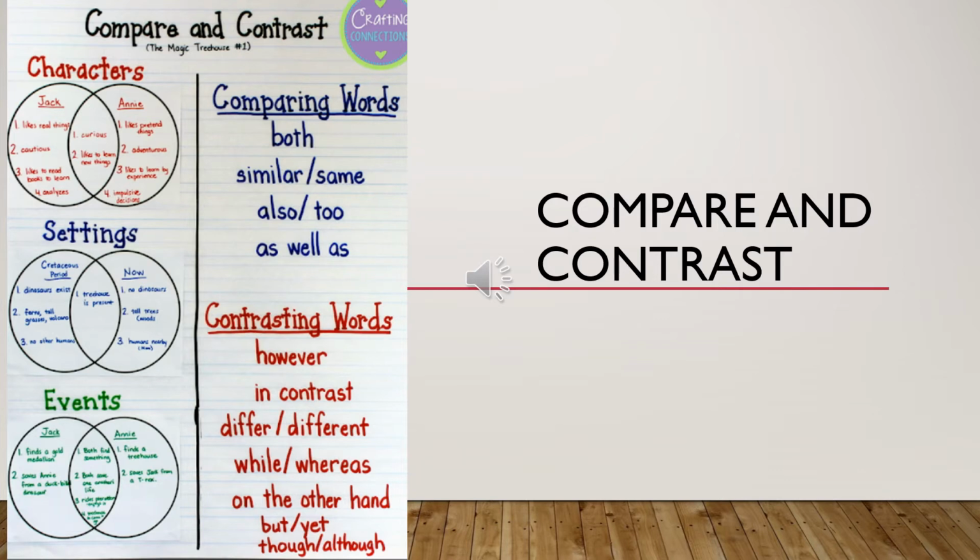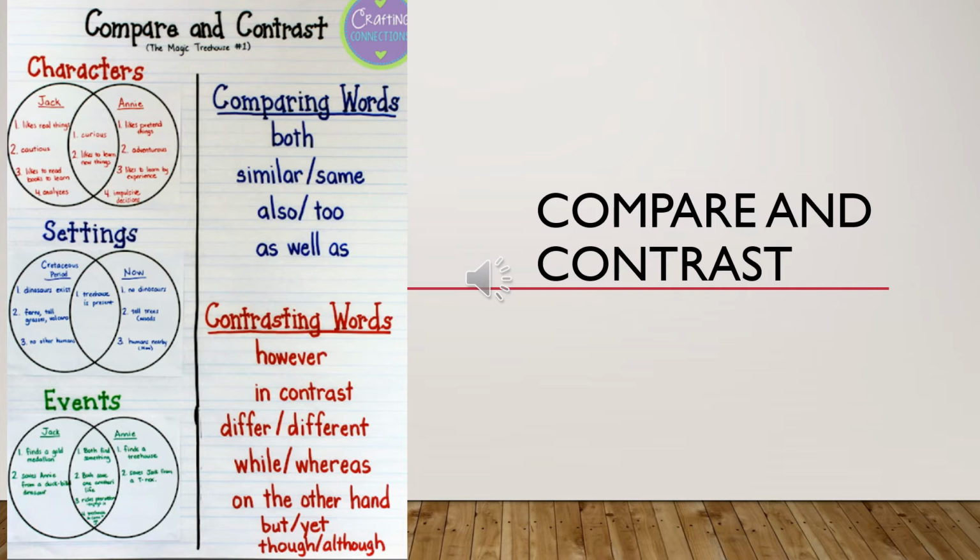Annie finds a tree house. Now in the middle we see something that they both have in common, but this comes from the events from a book. So it doesn't have to be exactly about just characteristics that they have. It can be about characters, settings, or even events from a story.